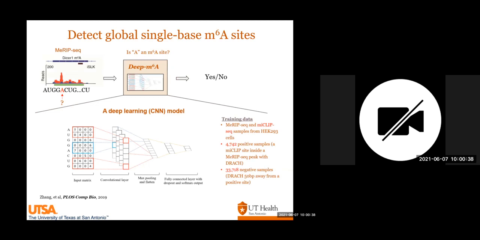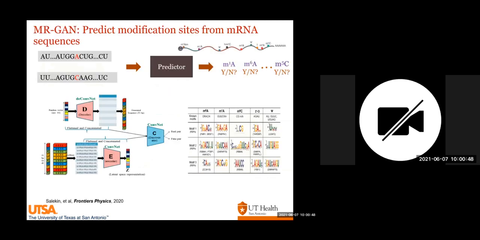In addition to that, we are able to predict the so-called RNA methylation sites in the mRNAs, and then of a large collection of mRNA methylation sites, for example, using deep learning.